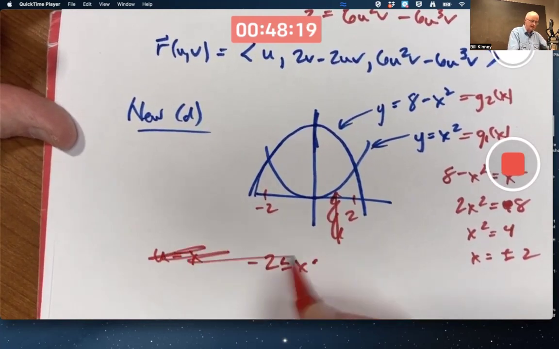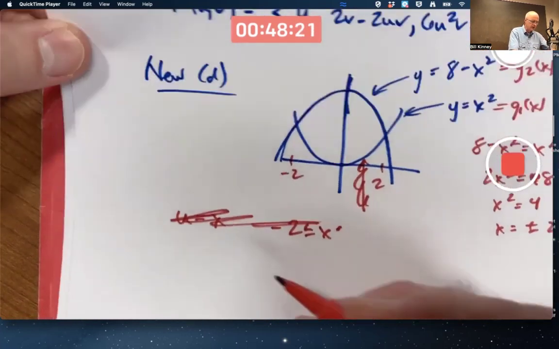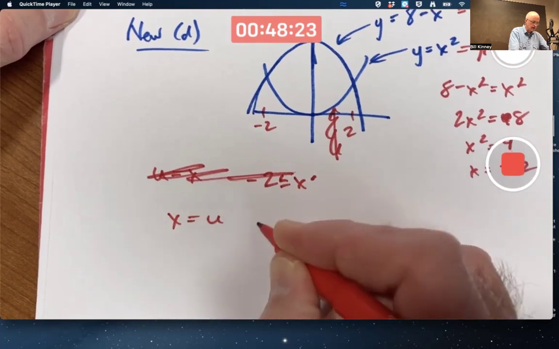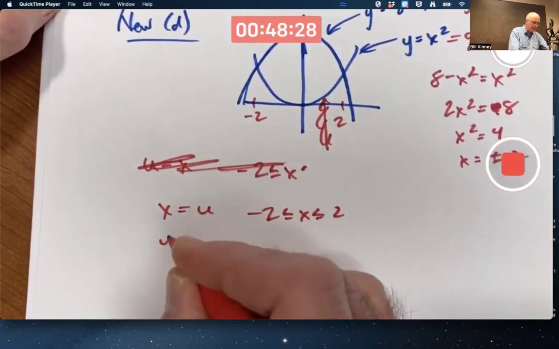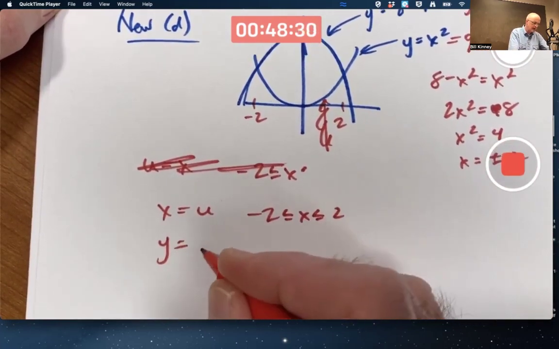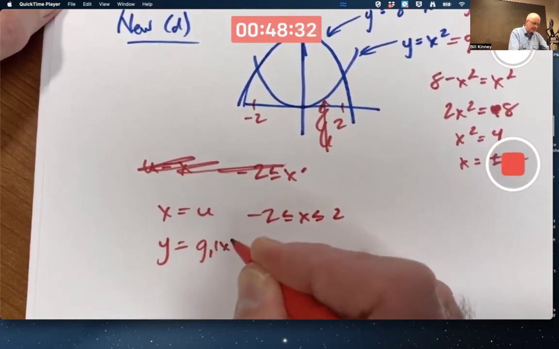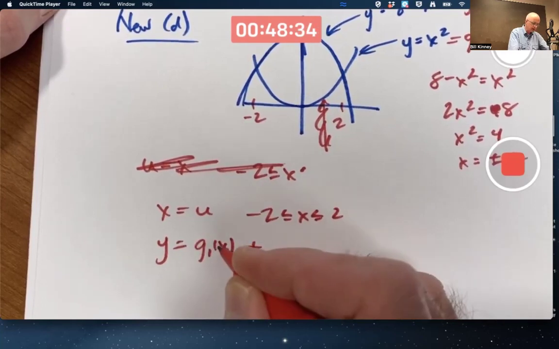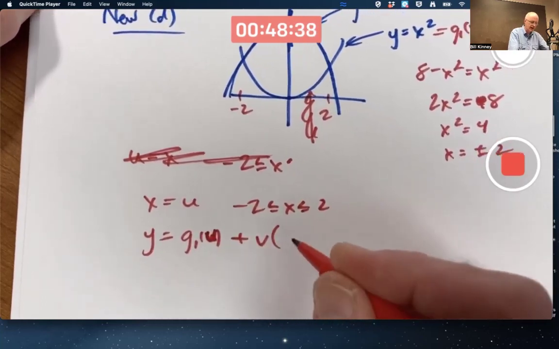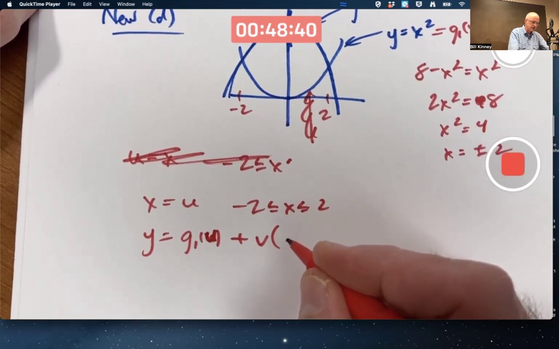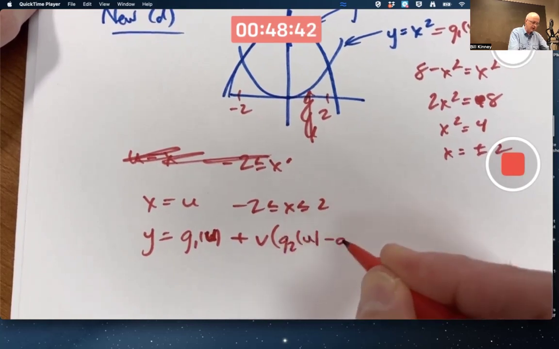Well, okay, I should write it the other way around. X equals u, where u goes between negative 2 and 2. And then let y be g1 of u plus v times the quantity g2 of u minus g1 of u.